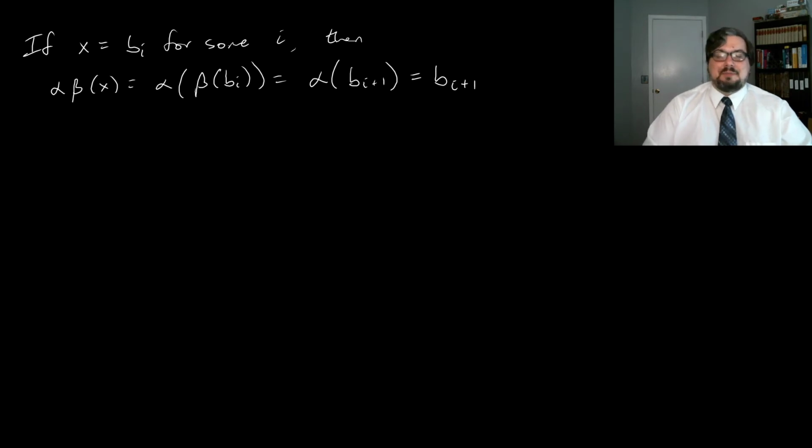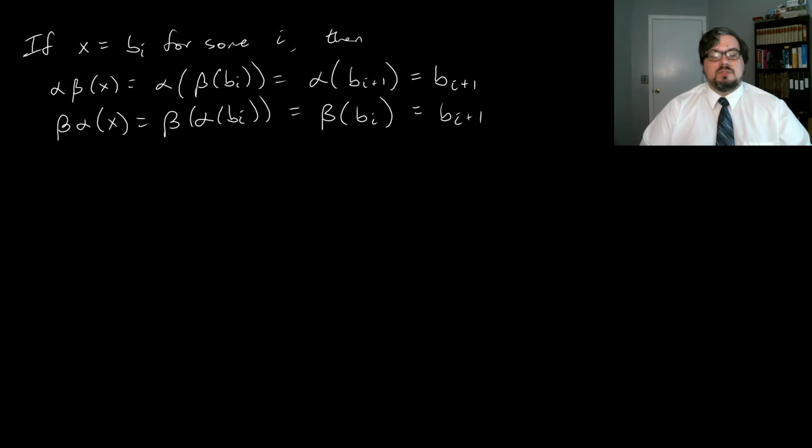And so alpha of b_(i+1) is b_(i+1). And similarly, beta alpha of x is beta of alpha of b_i. Alpha of b_i is just b_i. Beta of b_i is b_(i+1). So that shows that alpha beta and beta alpha of x give the same result when x is a b_i for some i.